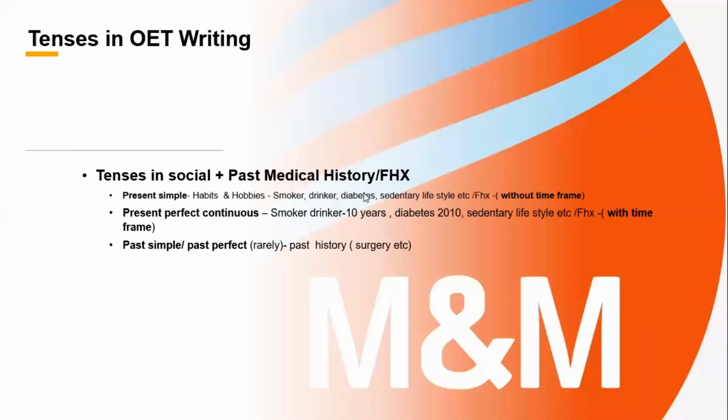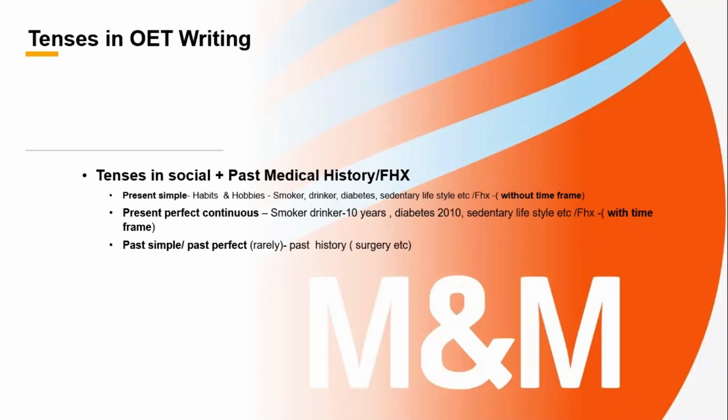We can see that in social plus past medical history, where to write, that is another debate. But you have to write down the things that are related to the patient, such as habits, such as hobbies.